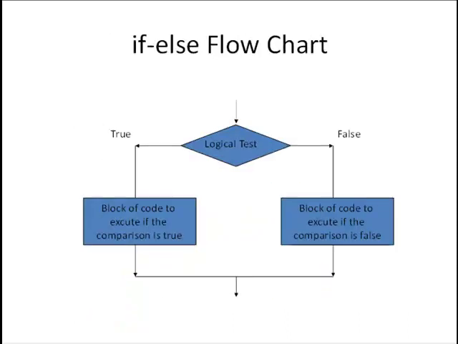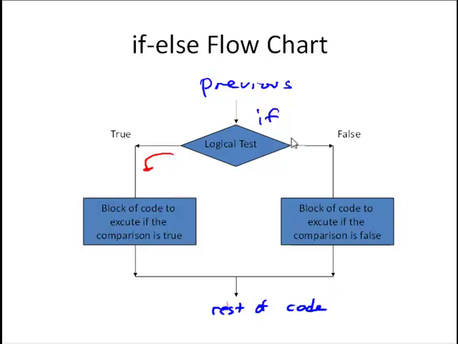Let's look at how this looks on a flow chart. So here's a flow chart. We can see we're coming in. Here are our previous commands in our code. We come into the logical test. So here's the if statement. And we'll say if it's true, we're going to go this way and execute one set of commands, and then we come back down to the rest of the code.